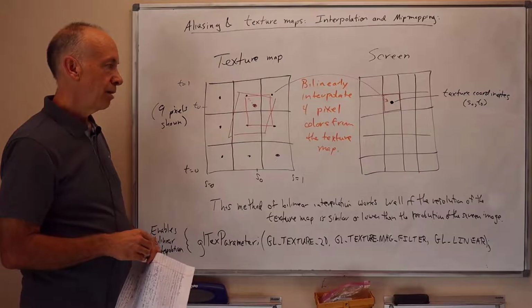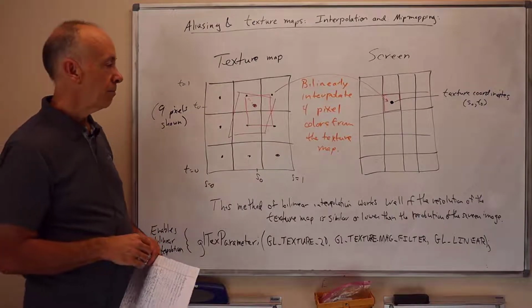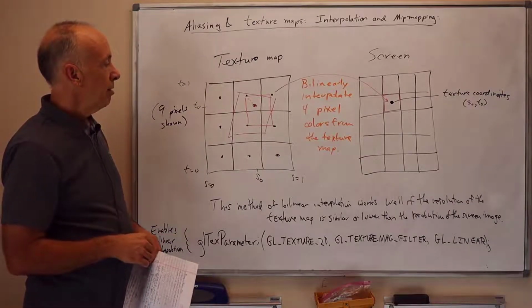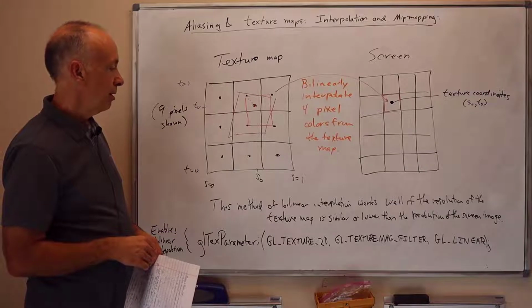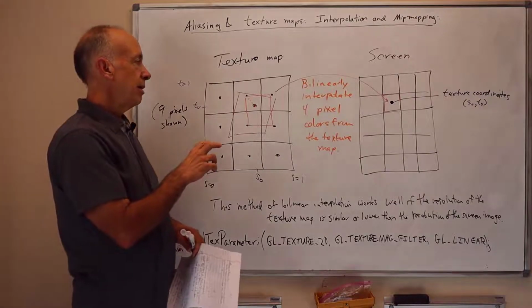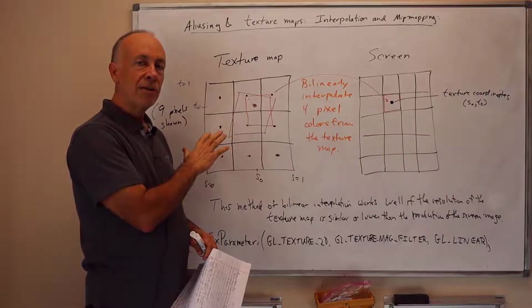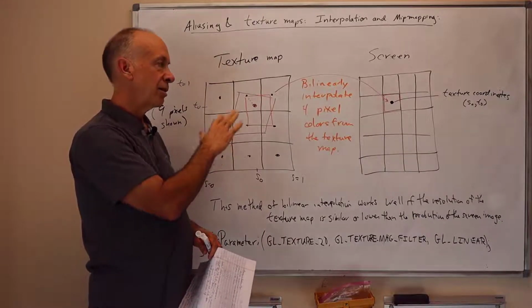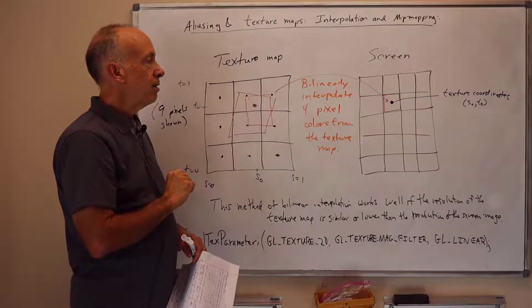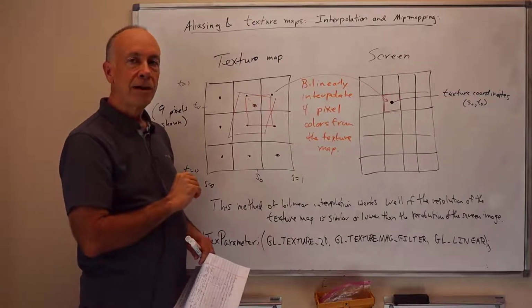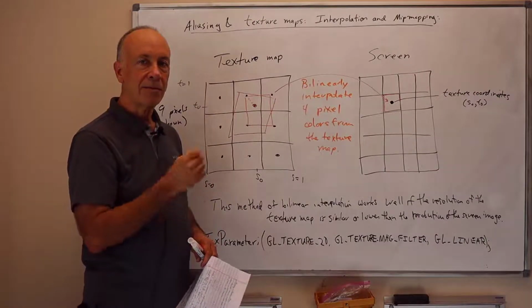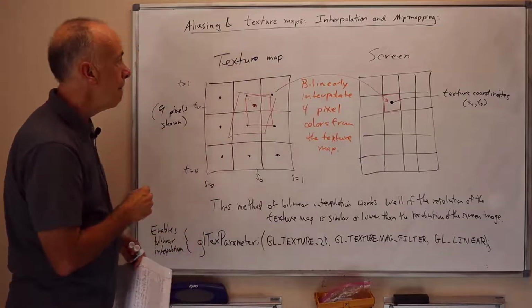Easier to compute, but doesn't give as good results. So this is the case that works pretty well when the texture map has the same resolution or lower resolution than that of the screen. So the next method is going to apply to the opposite situation where the texture map has higher resolution.